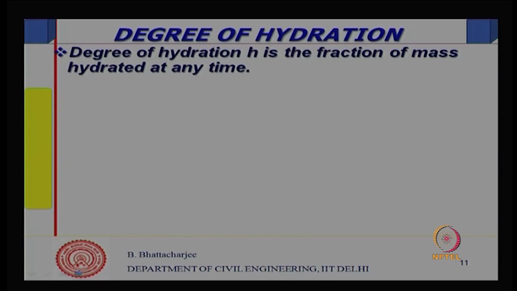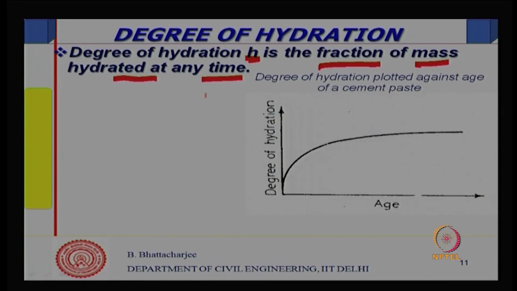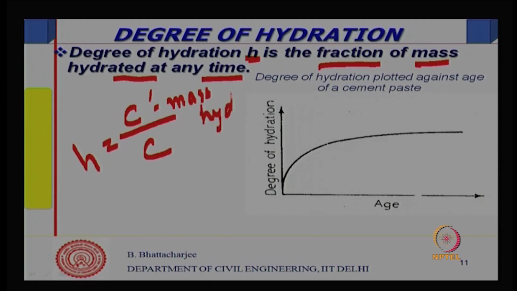We define the term degree of hydration. Degree of hydration is the fraction of mass hydrated at any time. In our case, we are denoting it by H. That means, just for our understanding, if C dash is the mass of cement hydrated, and C is the original mass, then H is given by this: the quantity of cement hydrated divided by the original.